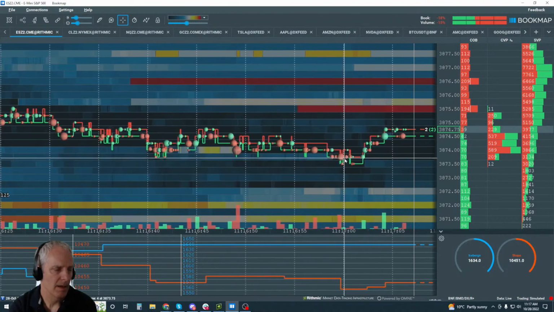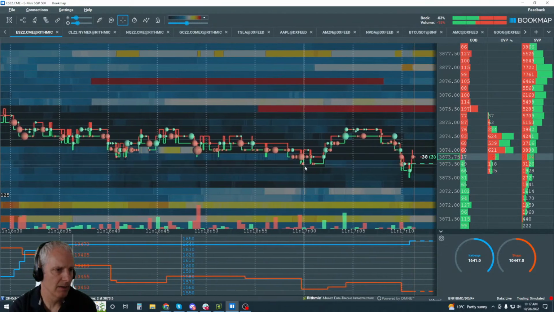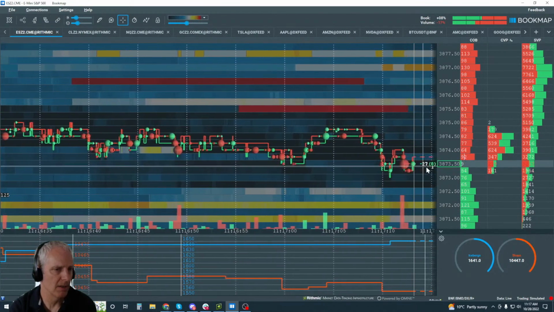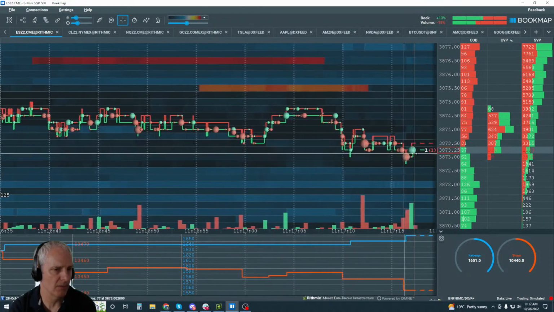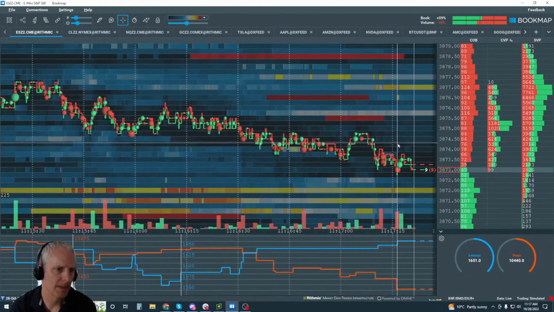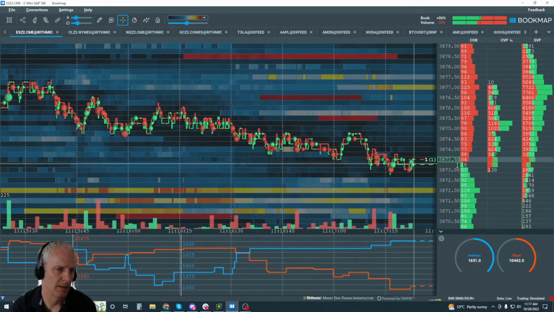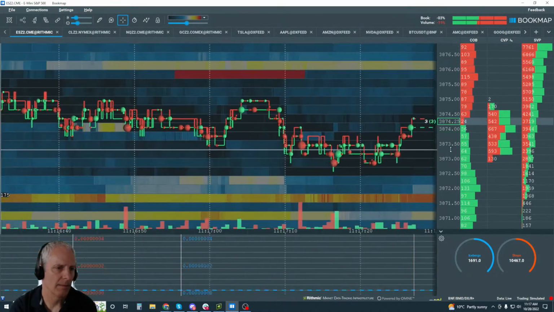Now, obviously this is a little bit of hindsight. I still like the selling here, but we don't see much here. And then not a whole bunch of buying up here either. So we're still looking sell side. Still looking sell side. Okay.